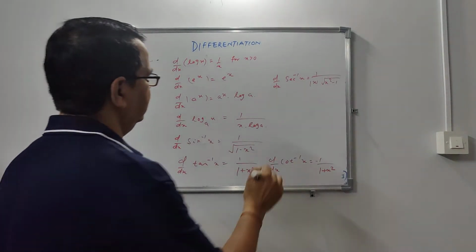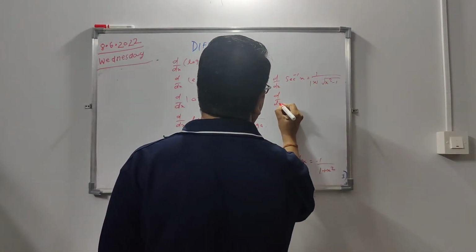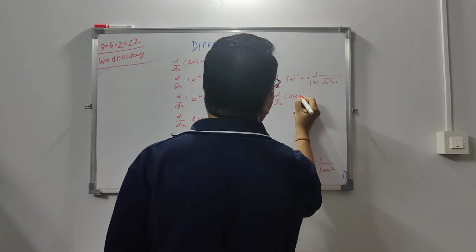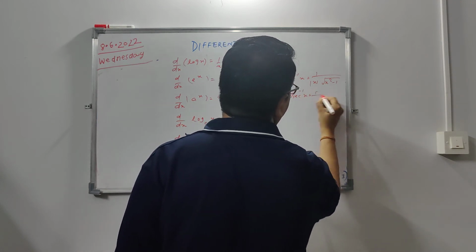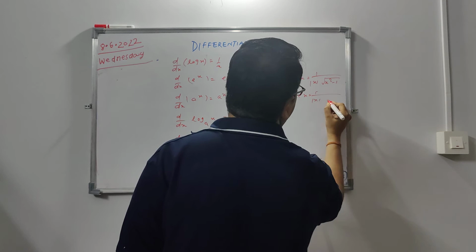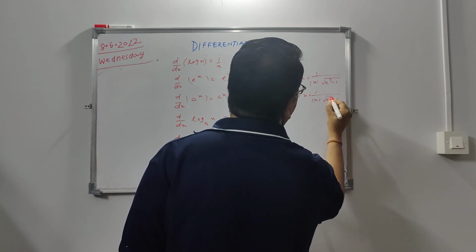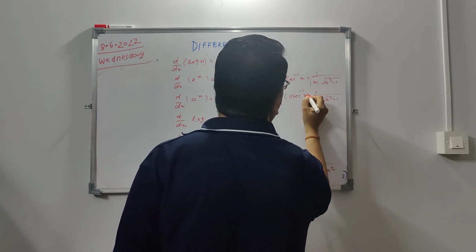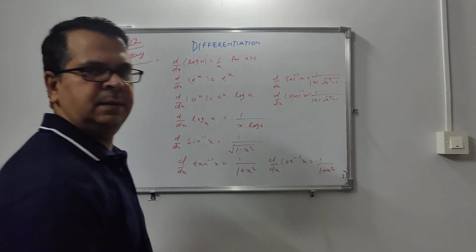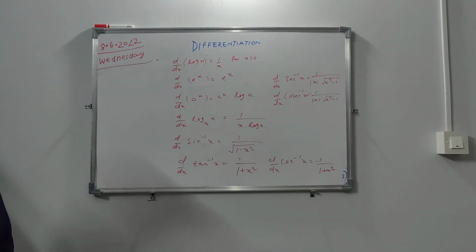And for cosec inverse there will be the same with a minus sign, minus 1 by x root of x square minus 1. Okay, so you can take a snapshot of this, then we will go to some methods of differentiation.